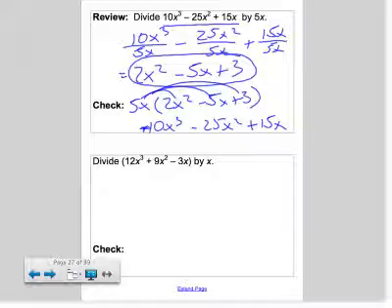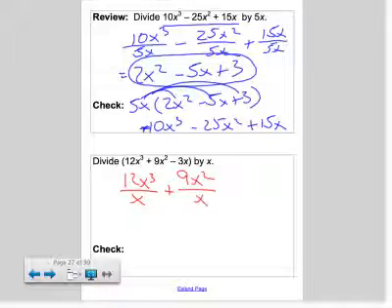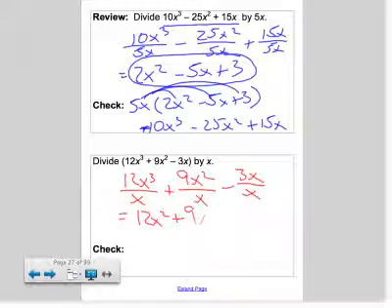The second example here, same idea again. At this point, maybe pause the video just to make sure you got this. This is not really any brand new stuff. So we have 12x to the third divided by x plus 9x squared divided by x minus 3x divided by x. And so you'll end up with 12x squared plus 9x minus 3 as your final answer.